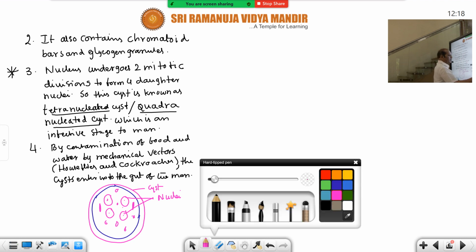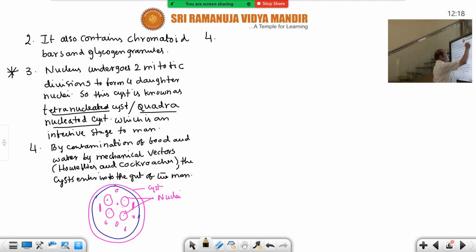So now the metacystic stage will be formed. This is the 4th stage in the life cycle of Entamoeba histolytica. This stage is called the metacystic stage. How are the metacysts formed? Let us see.